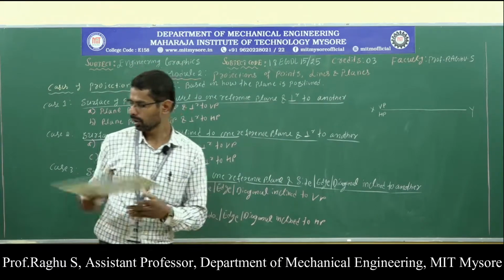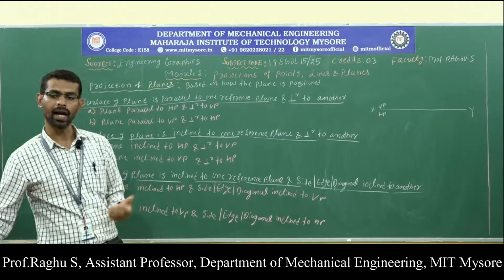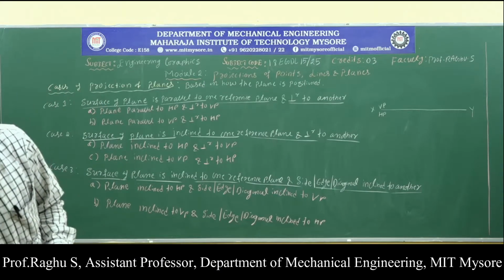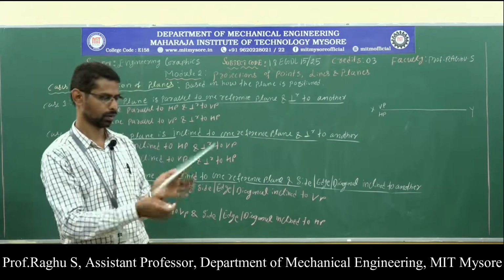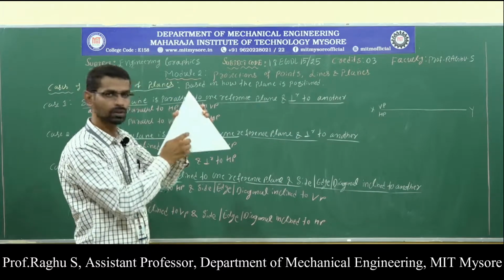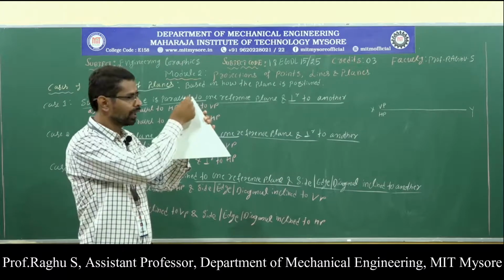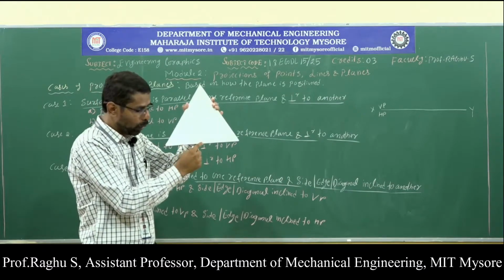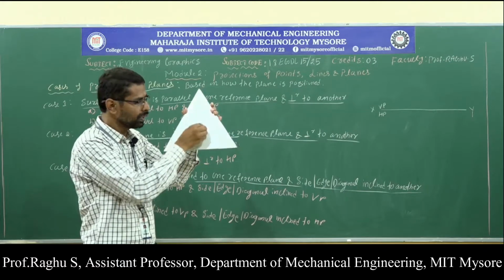And median. The median is used for triangular lamina. Here, this line is called a median. The line from a corner to the midpoint of the opposite side is called a median.